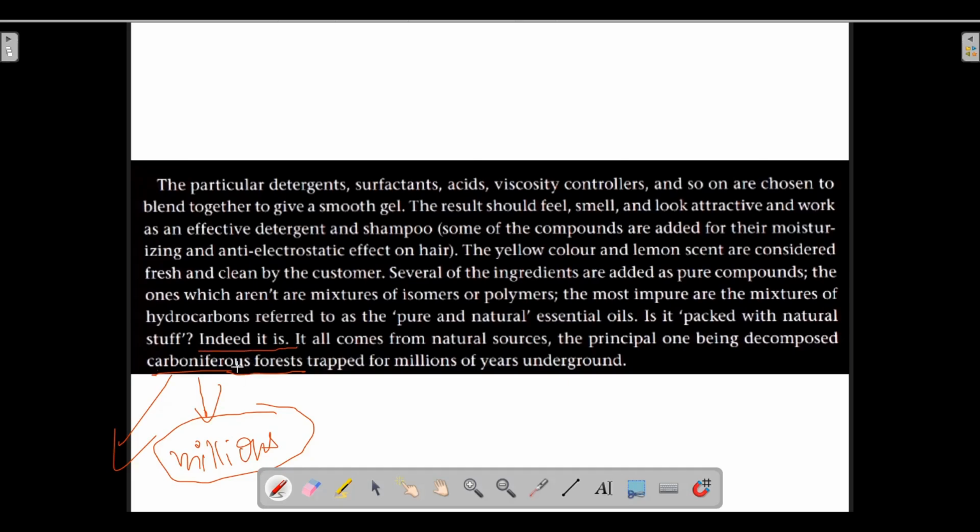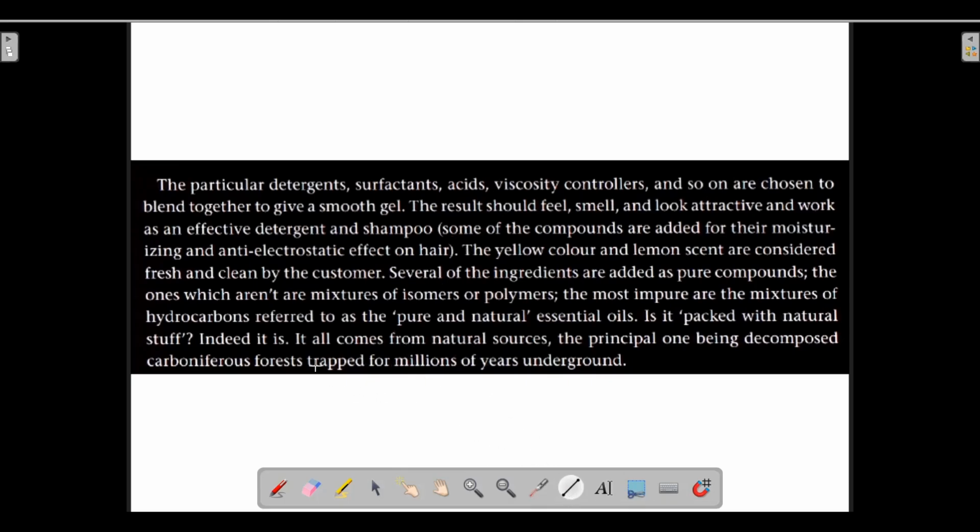The components in the shower gel are indeed natural substances, not in the sense in which the company is claiming, but in some other sense. In terms of chemistry, they are natural substances because they are derived from natural substances. So that's the taunt which the author is passing.